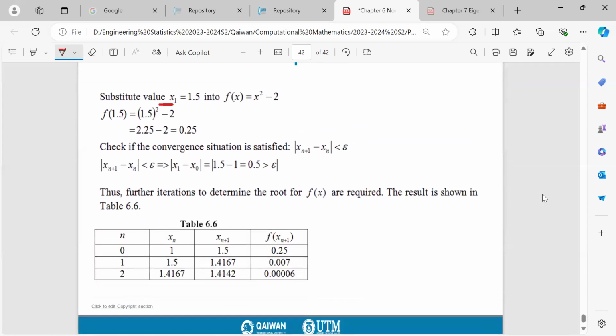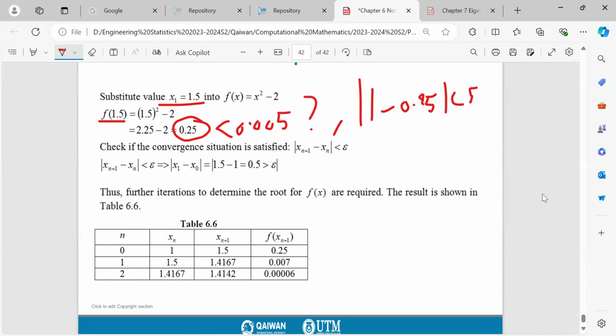Here for this x1, we need to find f of x1, which is 0.25. Is this less than 0.005? No. Or is 1 minus 0.25 less than epsilon? Epsilon is 0.005. No, none of these satisfy the condition.